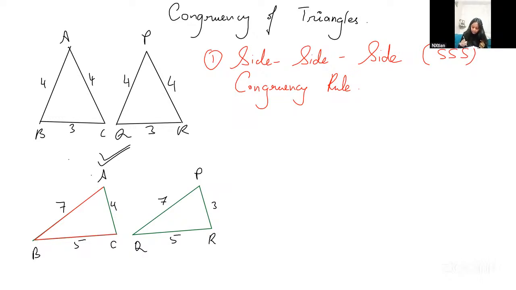But when I put PR, which is 3, on AC, which is 4, it will look like this. It will not overlap. If even one side is smaller, it will not overlap. So the corresponding sides have to be equal for the triangles to be congruent to each other.